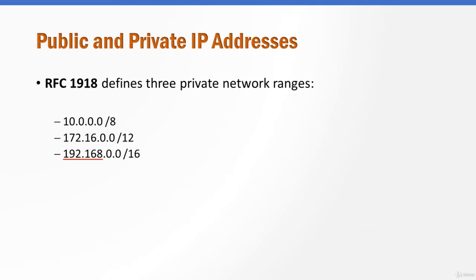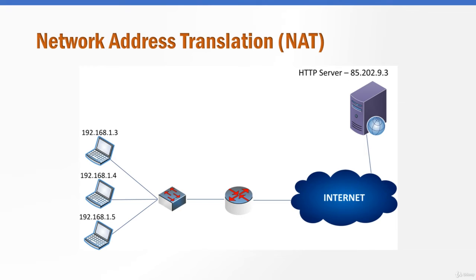How is this achieved? Well, by using NAT. NAT is Network Address Translation, and it helps us translate our private IP addresses into public IP addresses that are actually allowed on the internet.